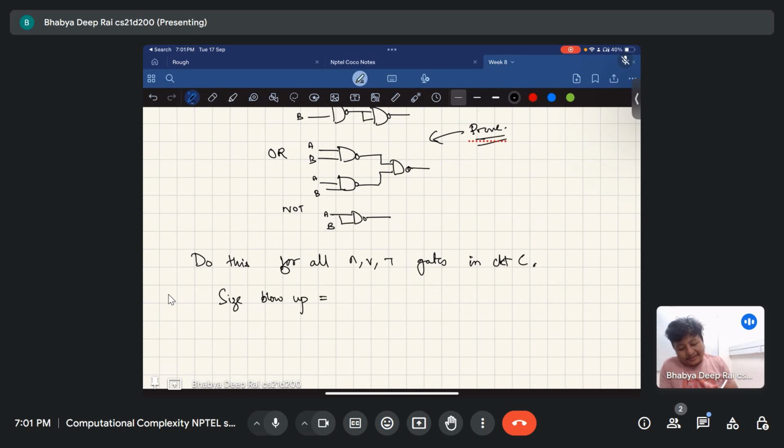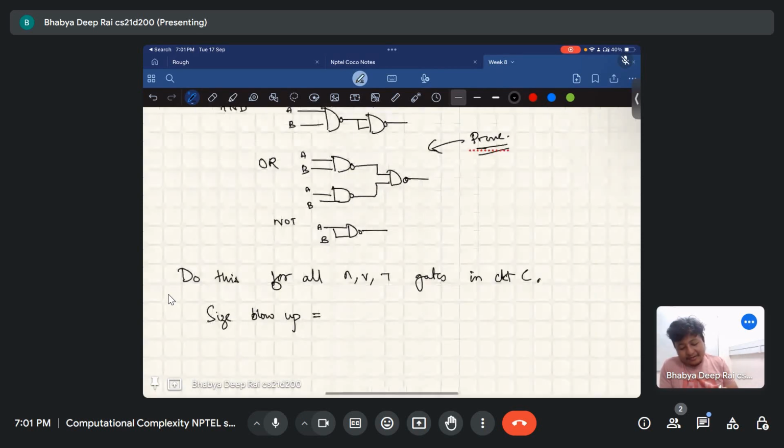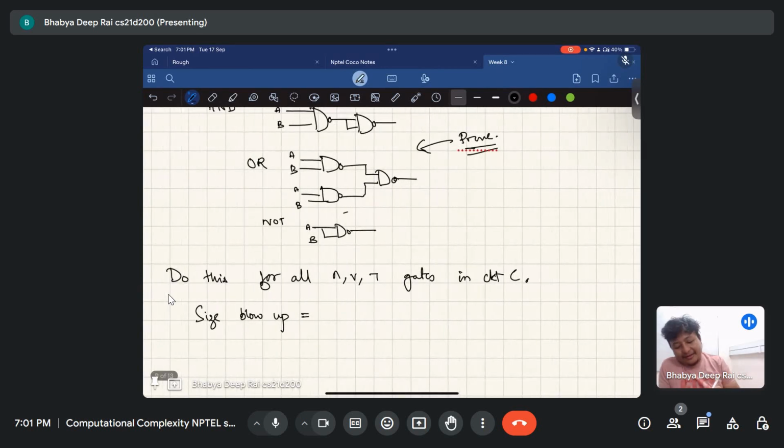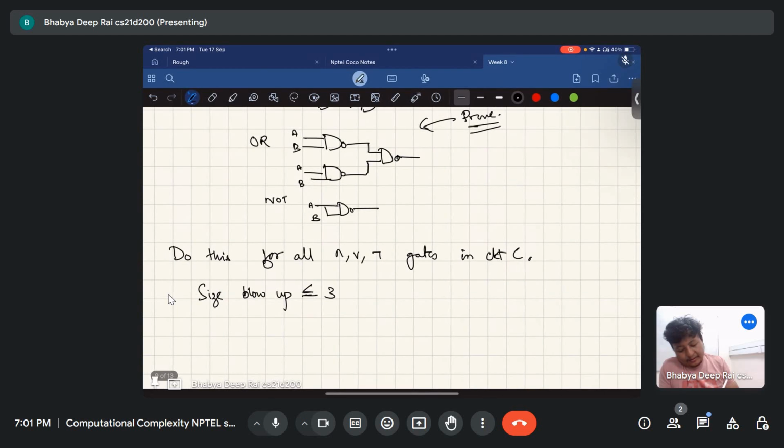The worst case is when it's an OR gate and then the size increases by 3 times, right? It is at most 3 times. So the size of C prime is at most 3 times the size of C, which is the original circuit. Okay, here I write and obtain C prime.